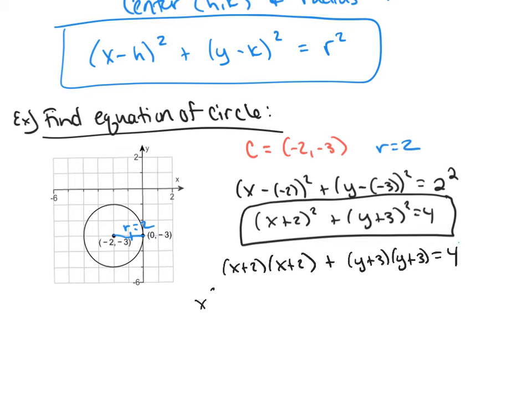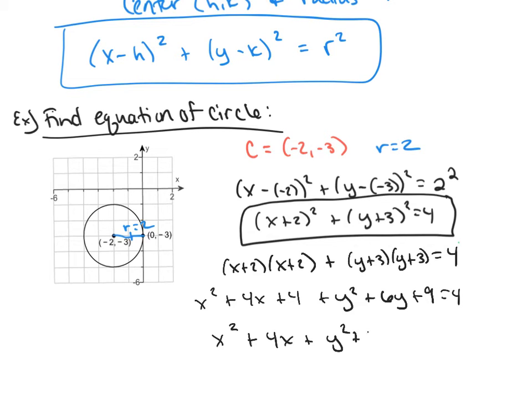And we'll get x squared plus 4x plus 4, y squared plus 6y plus 9 equals 4. And combining our like terms, x squared plus 4x plus y squared plus 6y. And if I take the constants, the 4 and the 9, and move them to the other side, I might have it equal to -9.